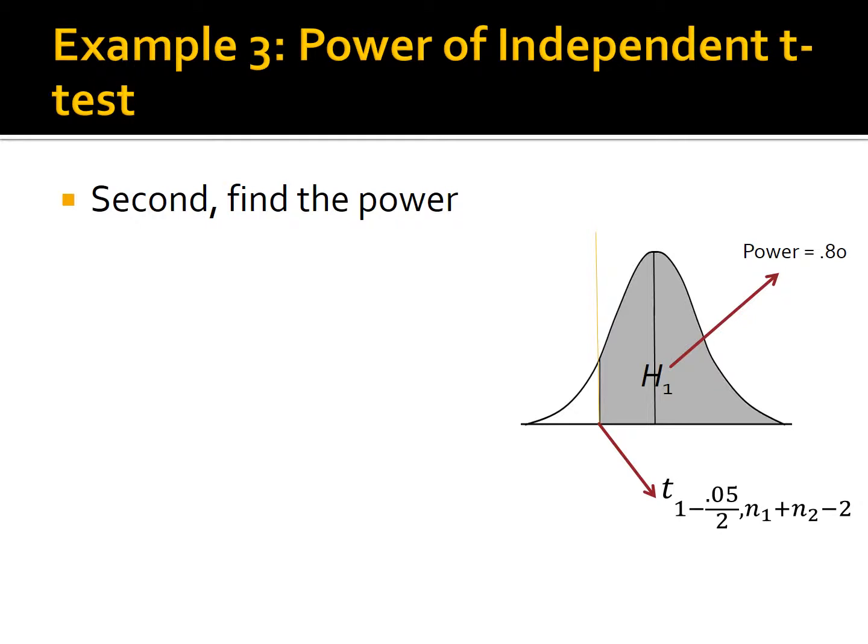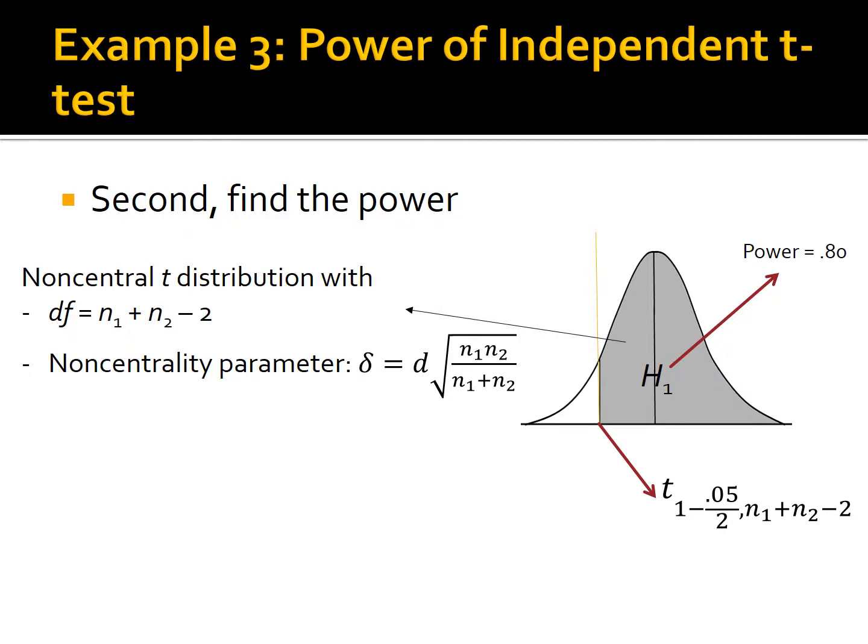And next, I would like to find the power. Based on this, the distribution would be a non-central t distribution with degrees of freedom n1 plus n2 minus 2, and non-centrality parameter delta equal to the effect size d times the square root of n1 times n2 over the sum of both sample sizes.